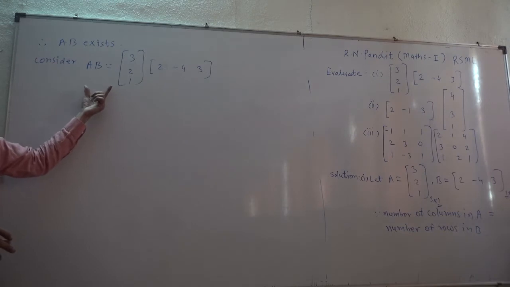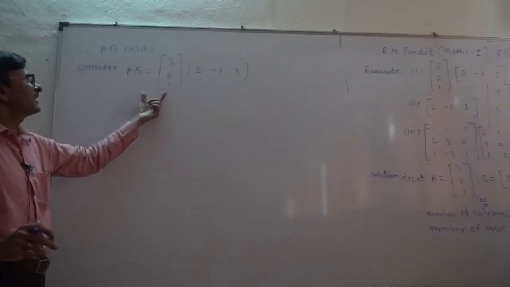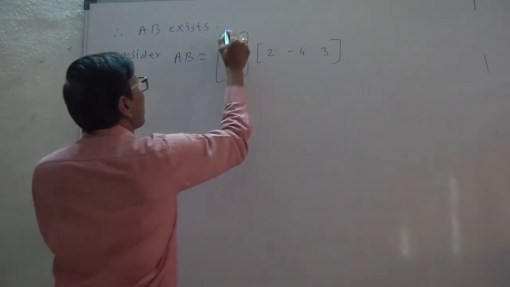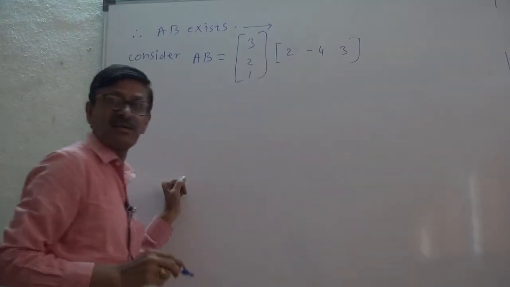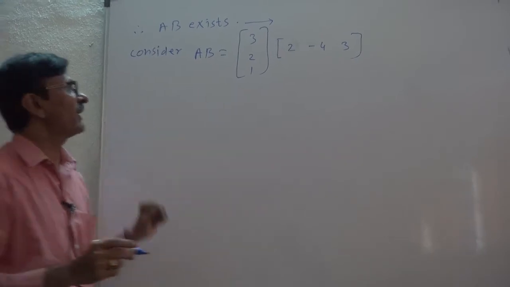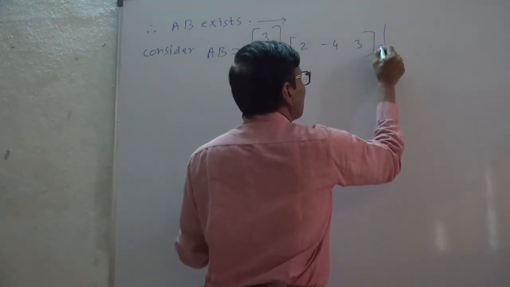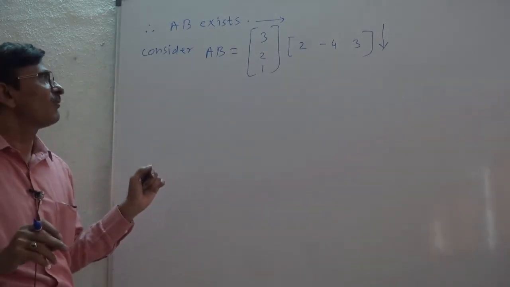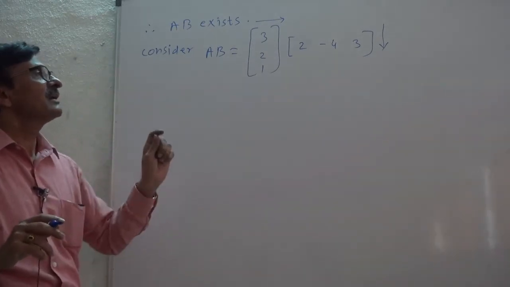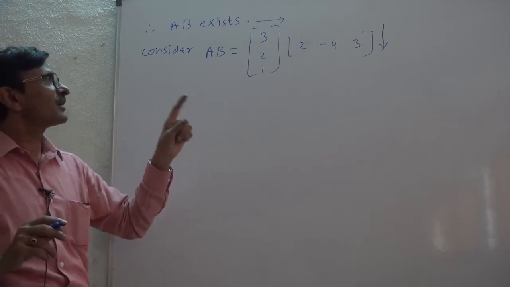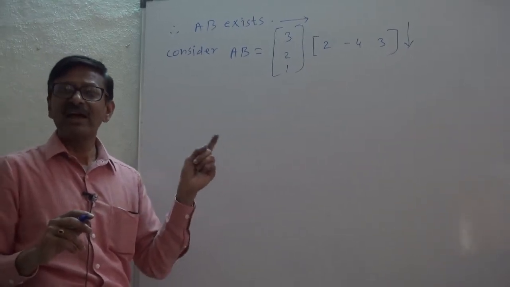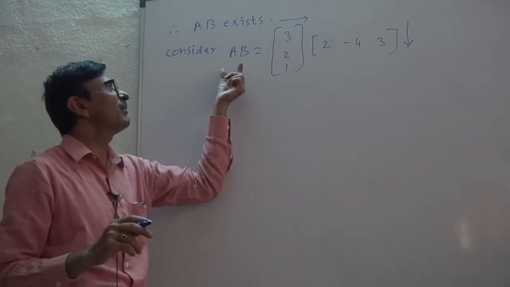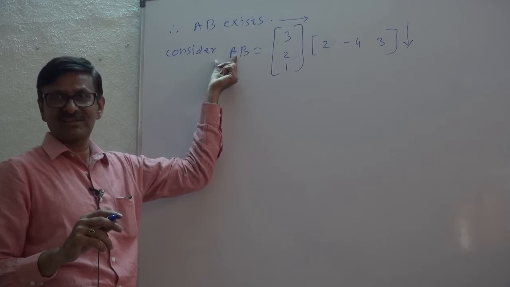Here we consider the elements of prefactor A row wise and the elements of B column wise. Then take the product of corresponding elements and their sum. That is the procedure of finding the elements of the product matrix.